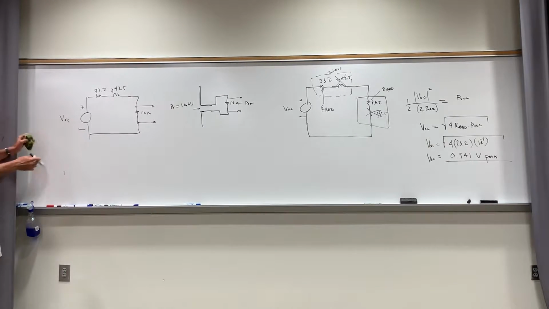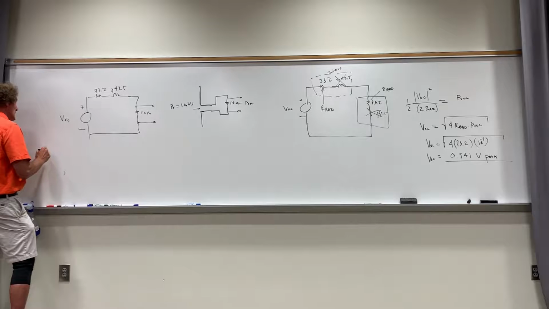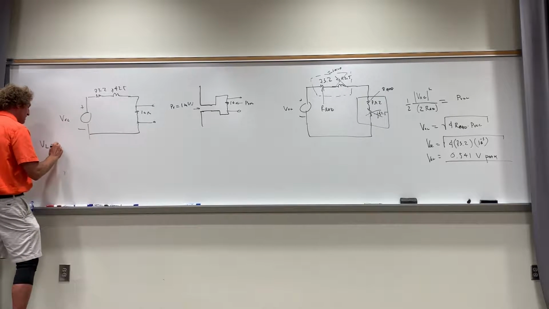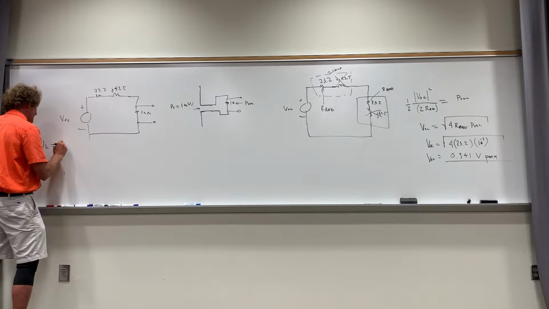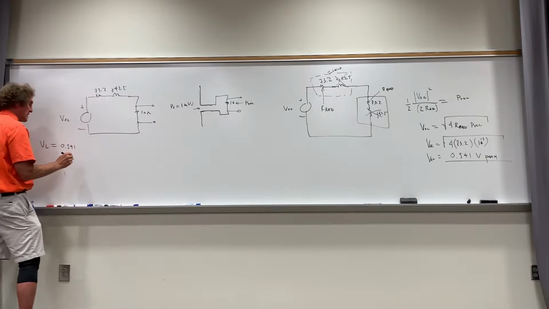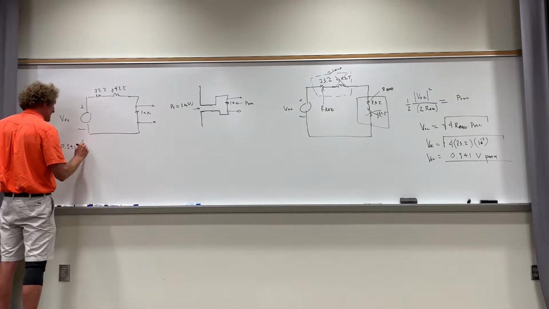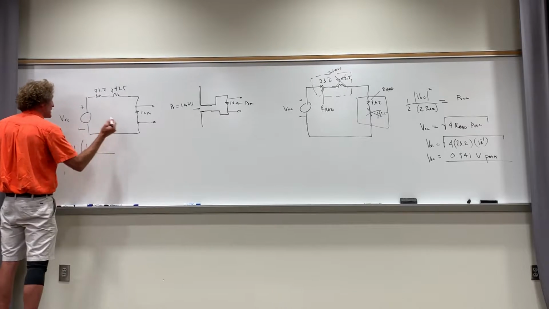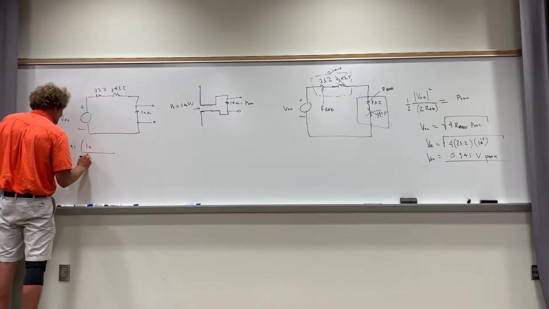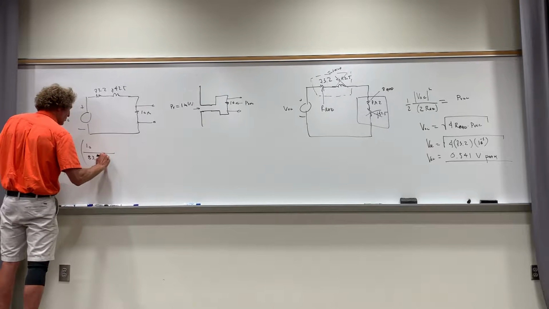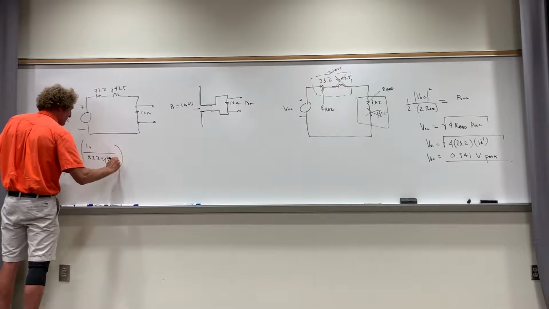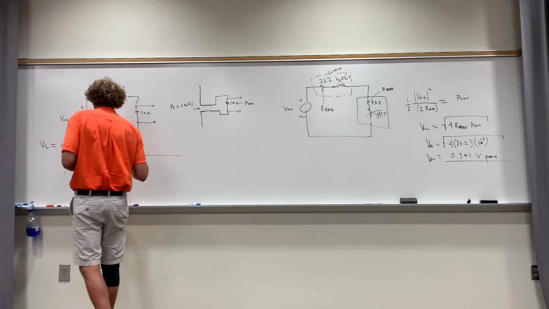So V on the load would be equal to V open circuit, which is 0.541, times the actual resistance, 10, over 10 plus this, or 83.2 plus j42.5. And that would be the actual voltage.